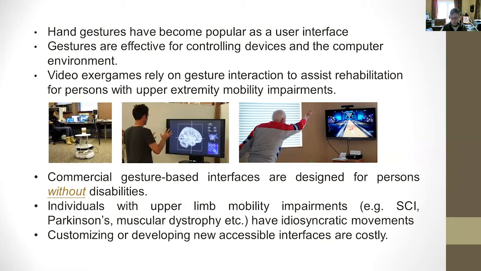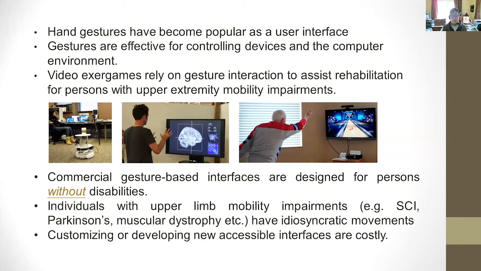Unfortunately, the commercial gesture recognition systems have really been trained by people without disabilities. So, someone with a high level spinal cord injury, Parkinsonian disorder, or muscular dystrophy, they have unique mobility differences, and their movements are not going to be accurately recognized by these commercial systems.